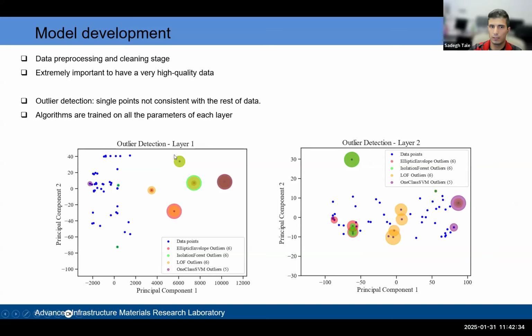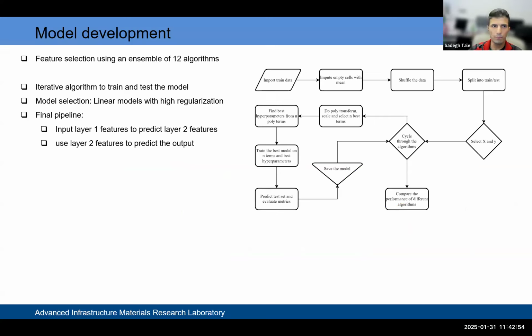So for example, here I have a sample of those steps that we did. Here you're seeing the outlier detection algorithms that we ran on the first layer on the left and the second layer on the right to detect the points that might be outliers in our data set.